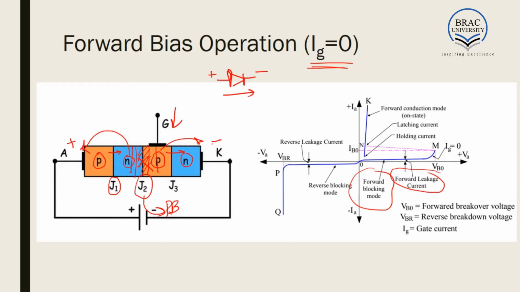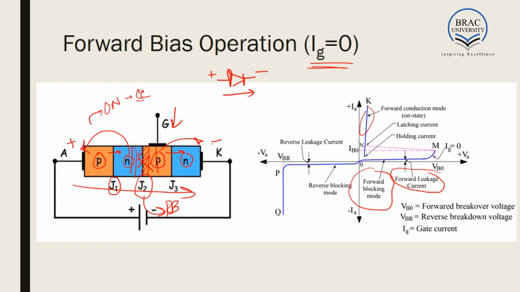At breakdown, what happens is high amount of current flows through it. That is, this SCR is turned on, or this is closed circuit, or this is short circuit. So in short circuit condition, what happens is, we can see from the IV characteristics, the voltage is low and the current is high. So the SCR is on and current flows through it.